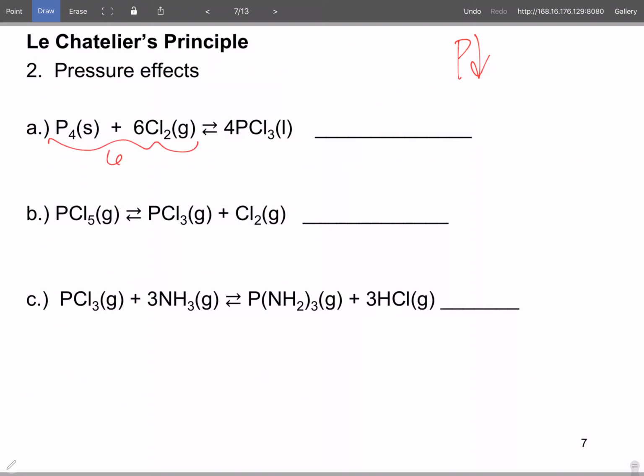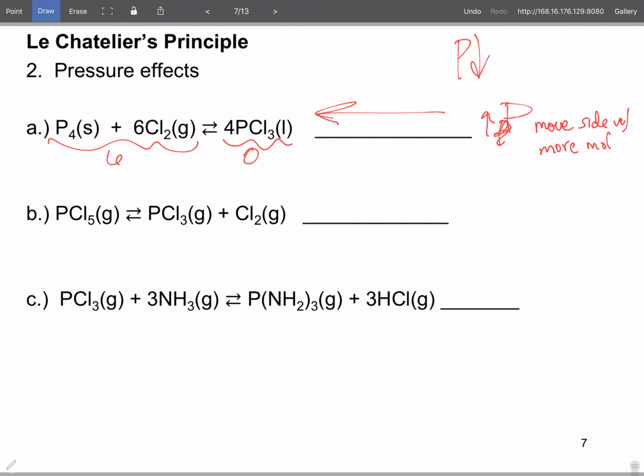We have 6 moles on the reactant side, and we have 0 moles of gases on the product side. So if you have decreased the pressure, then on this one, we need to increase the pressure. So we're going to move to the side with more moles. Who has more moles? The reactant side, so we will shift to the reactant.